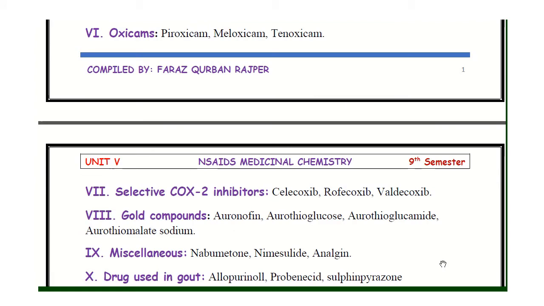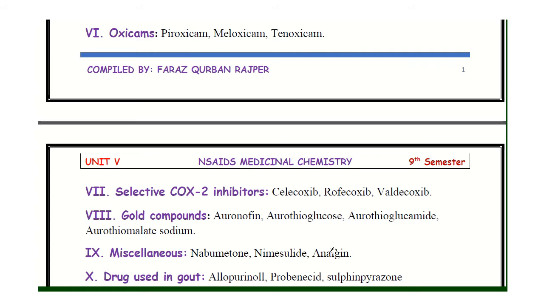Besides this, the selective COX-2 inhibitors only inhibit the cyclooxygenase 2 enzyme. Examples of the drugs are celecoxib, rofecoxib, and valdecoxib. Another class is the gold compounds, which contain the gold element, a metal, in their chemical structure.